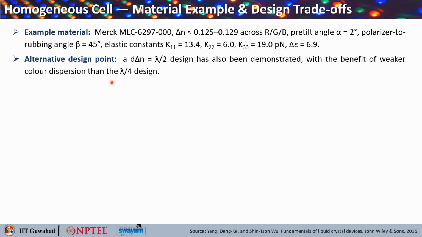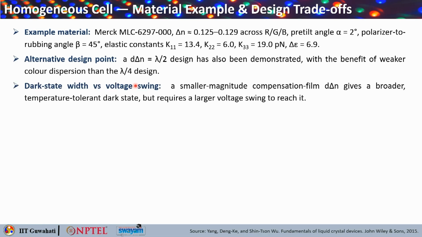So, an alternative design point is that a d delta n equals lambda by 2 design has also been demonstrated, with the benefit of weaker color dispersion than the lambda by 4 design.